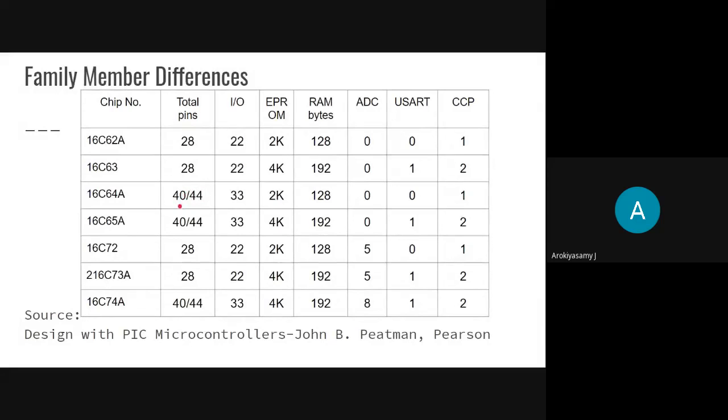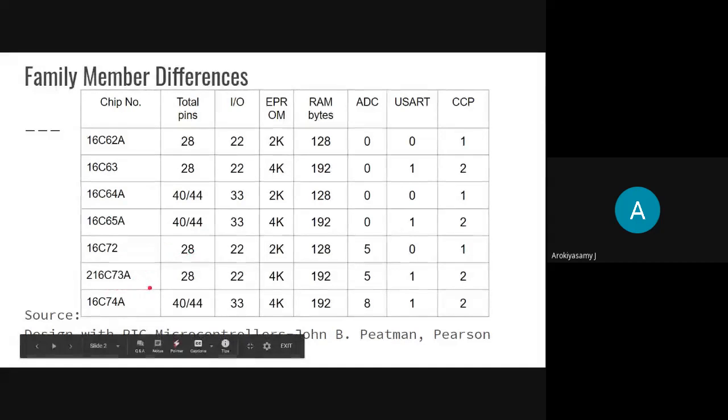So the total number of pins is more in 64A. In 65A also 40 or 44 pins are available. In 72 and 73A, 28 pins are available. In 74A, 40 or 44 pins are available. These are the total pin counts in each version of the chip.